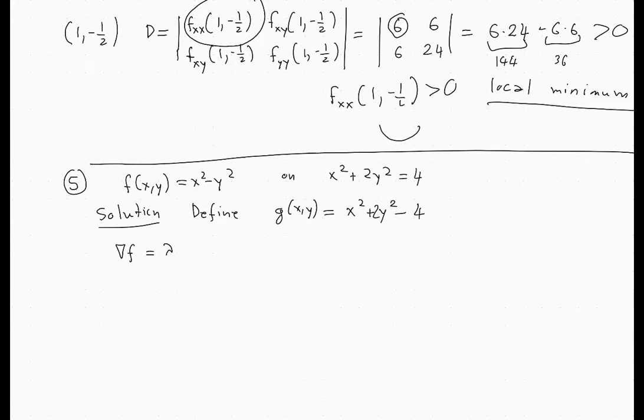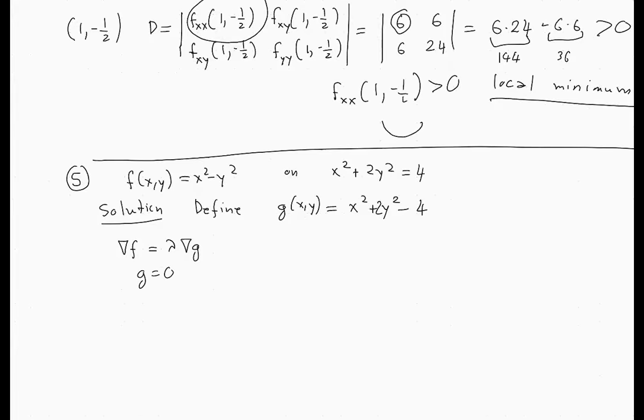So eventually this breaks down to 3 equations because the gradient of f is 2x comma negative 2y. The gradient of g is 2x, 4y. And g being equal to 0 simply means x squared plus 2y squared is equal to 4.